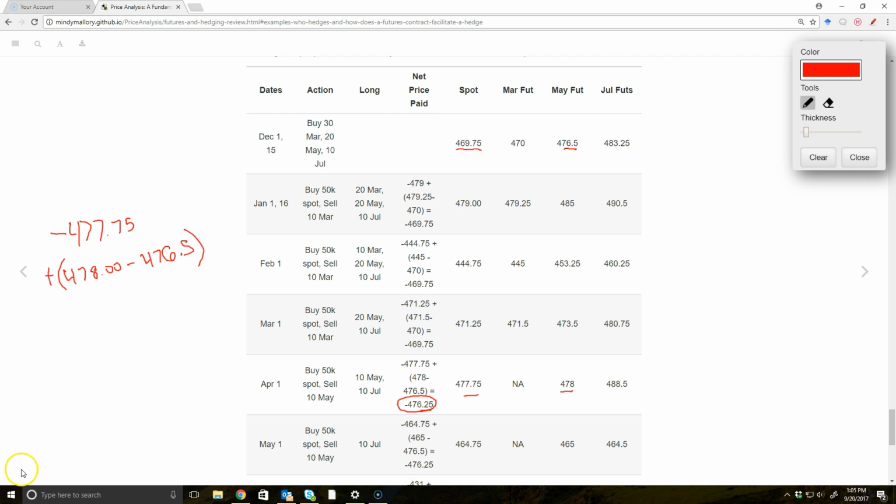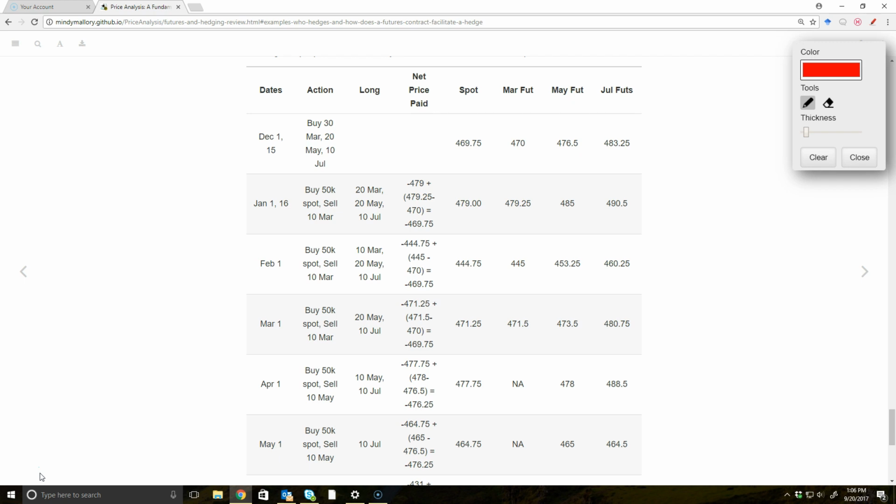$469.75. Now we mentioned that when the mill places their hedge on December 1st, they should be locking in essentially this spot price that they see minus any basis risk, but we took out basis risk. So what happened? Why is this number not equal to $469.75?